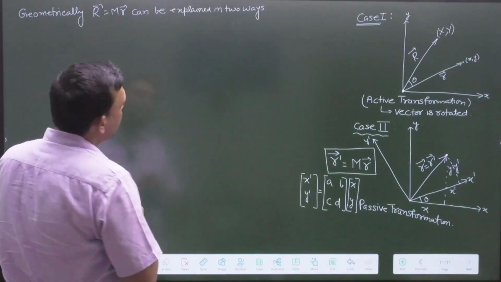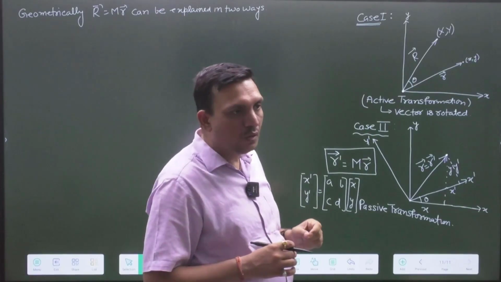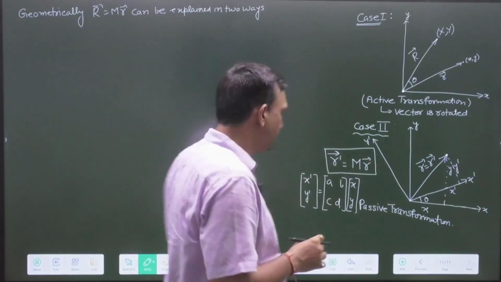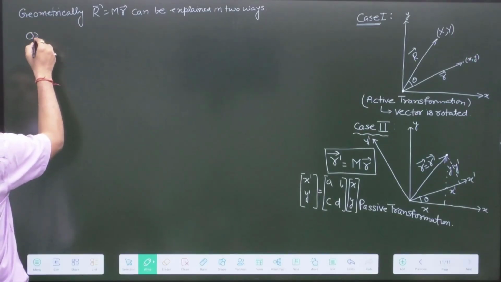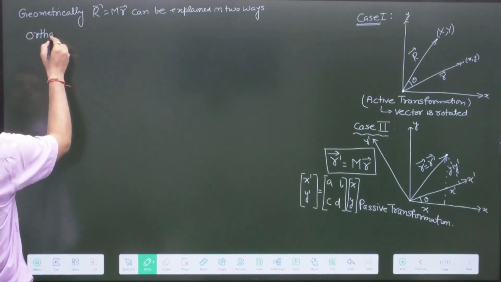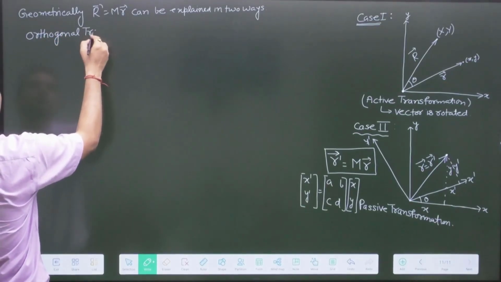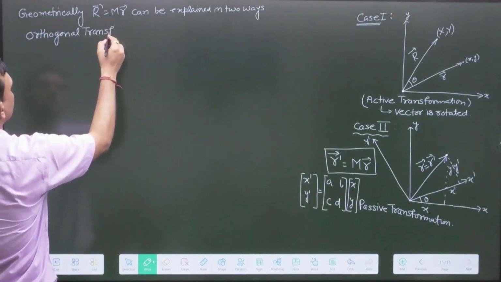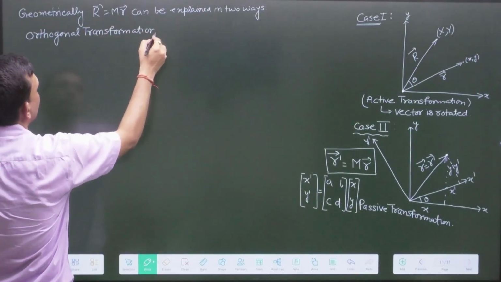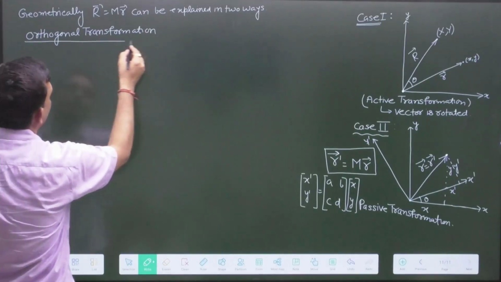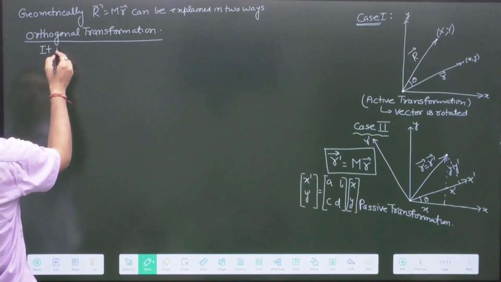Now we are interested in a special type of transformation, called an orthogonal transformation. What is an orthogonal transformation? An orthogonal transformation preserves the length of the vector.